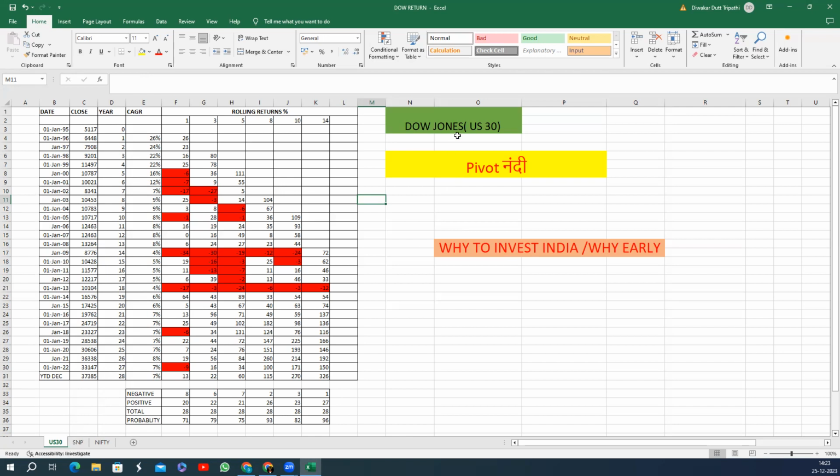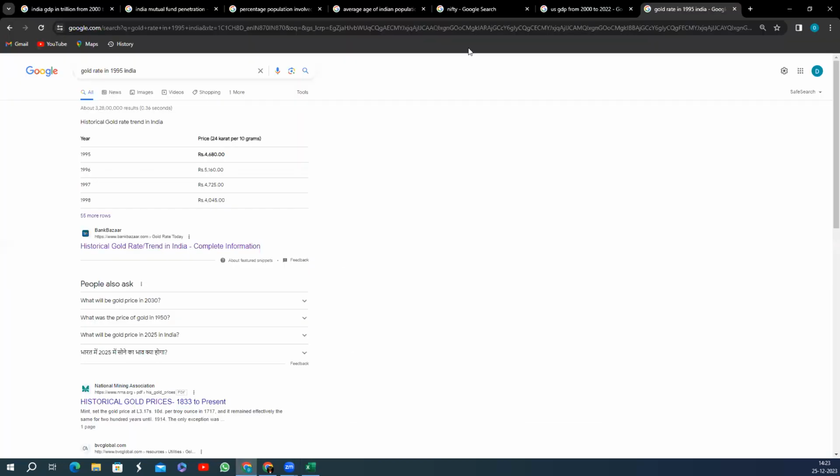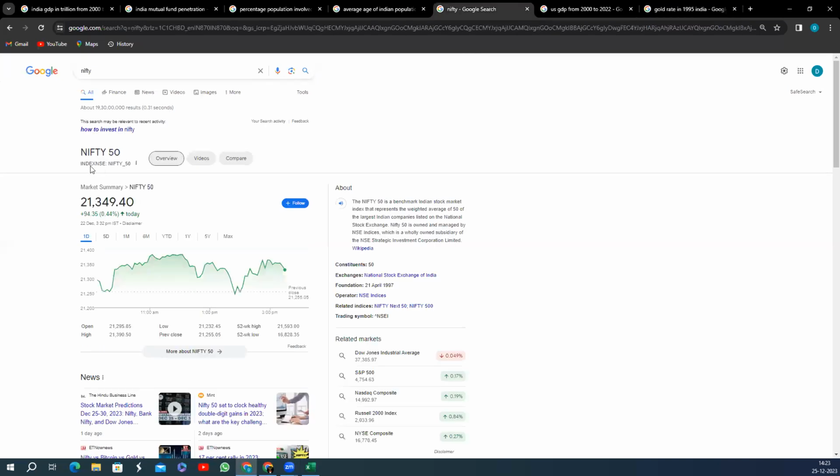One is this Dow Jones, and for more clarity I'll share that we have two exchanges in our equity markets. One is Nifty 50, which represents the 50 largest companies of the market. It is a benchmark Indian stock market index that represents the 50 largest Indian companies on the stock exchange.